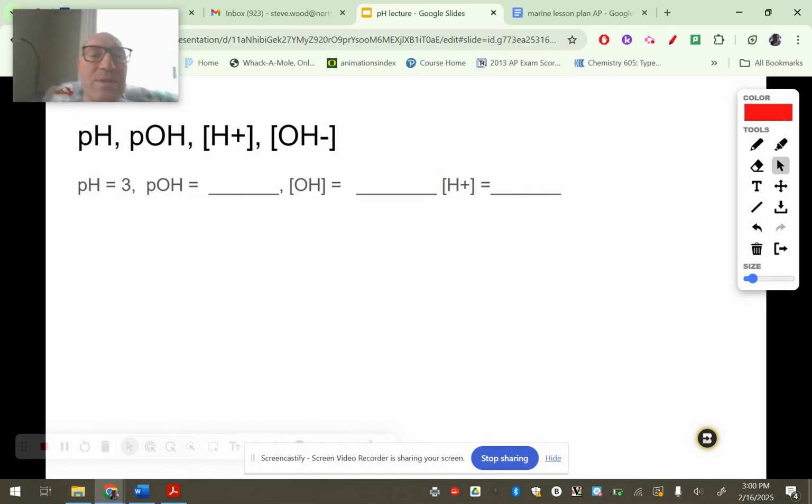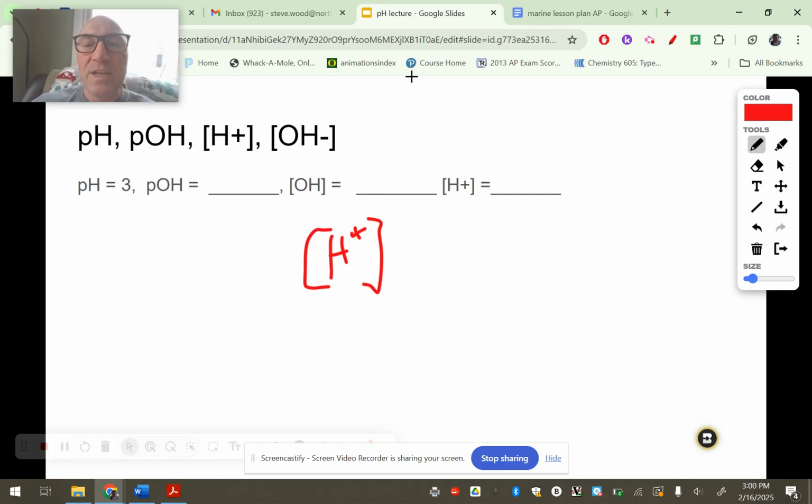There's a couple formulas you should know. So I'm going to draw a little chart here for you. Maybe put this chart in your notes. If I have H plus or H3O plus, that's the same difference, and I want to get it to pH, I negative log it.